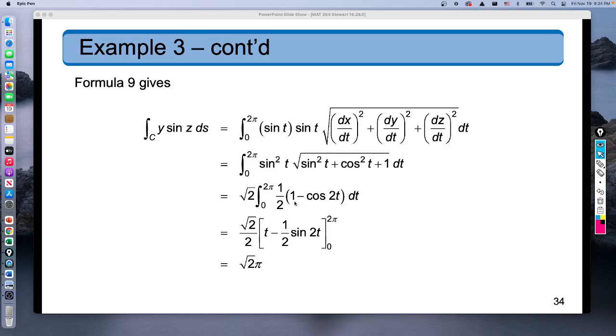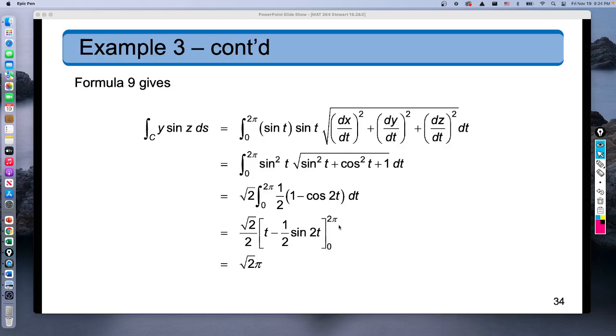Where's this t come from? Go through, you got 1/2. That's t to 1. Oh, then they put that out front here. So they bring the 1/2 out. Okay, I got it. That's there. 1 integrates to t. Cosine of 2t integrates to sine of 2t, but using the chain rule, you've got to divide by 2.